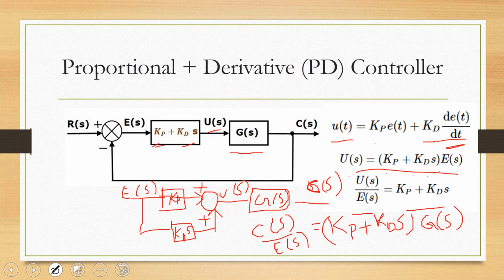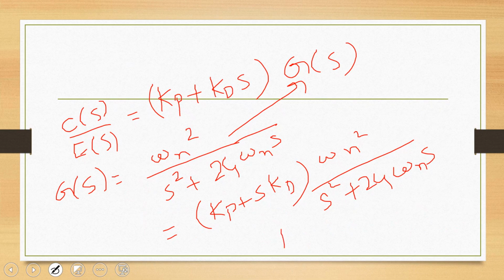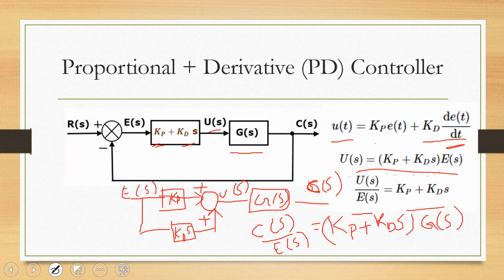So from the block diagram it is clear that H of S is 1. So we write H of S is 1. This is C of S by E of S. So now this C of S by E of S is our new block.